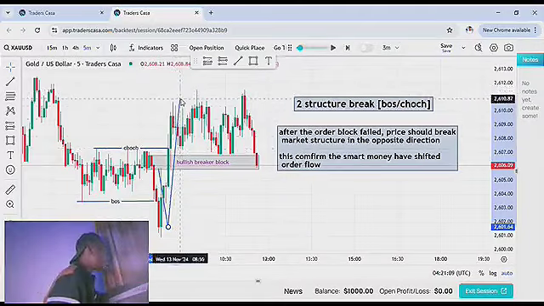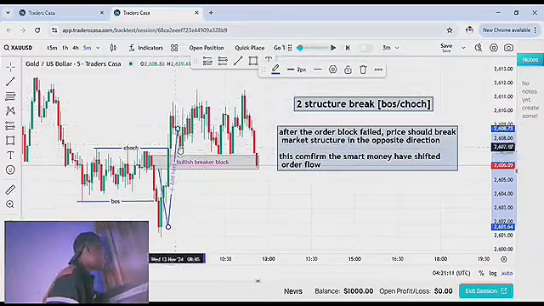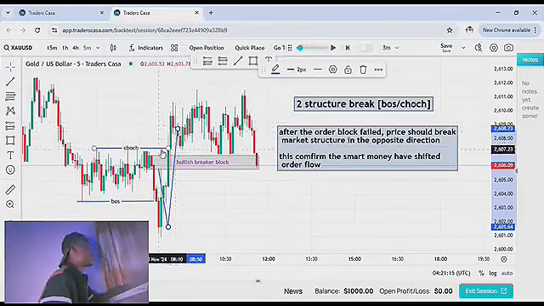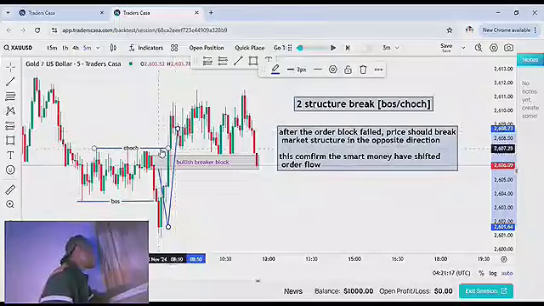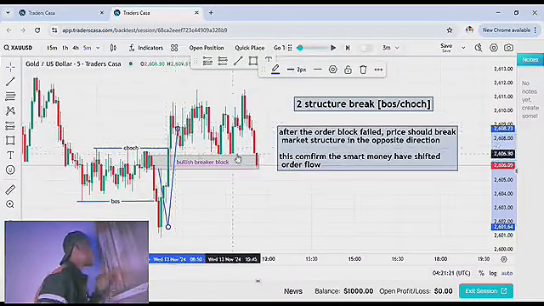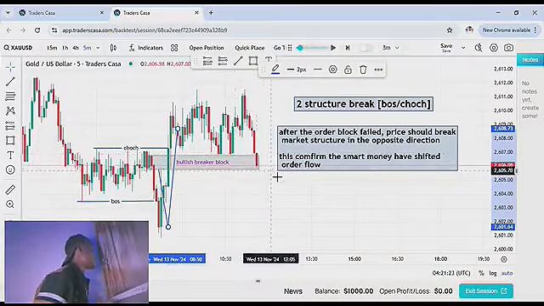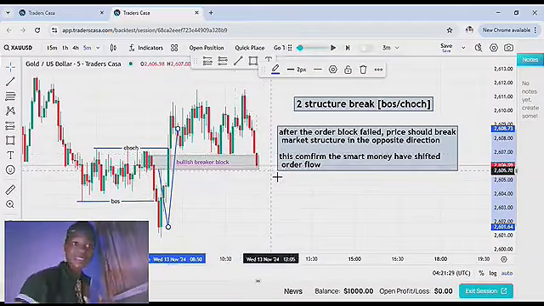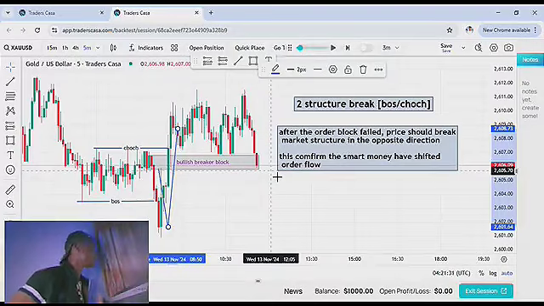You should not only break the order block, you should as well break the structure points, which is the change of character. You understand? In the definition here, after the order block fell, price should break market structure in the opposite direction, which means price should at least change direction before you can confirm that that's a breaker block.